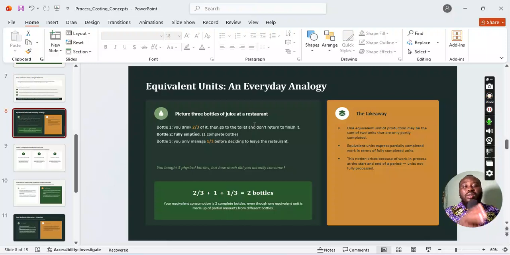So this means that at the end of the day, if we're going to compute what we consumed in total, we have consumed two-thirds of the first bottle, plus one third of the third bottle, plus one bottle that we have fully consumed. This will give us two bottles in total out of the three bottles of juice that we bought.